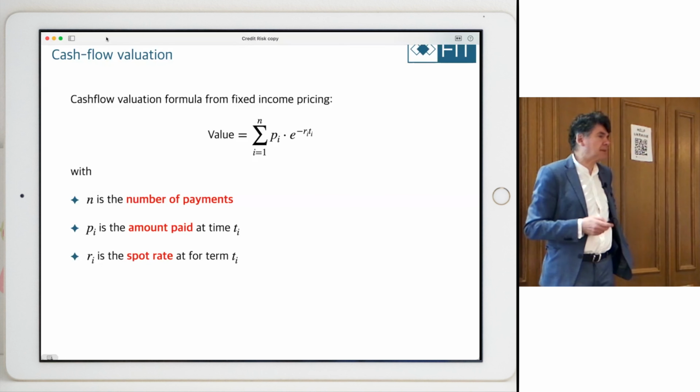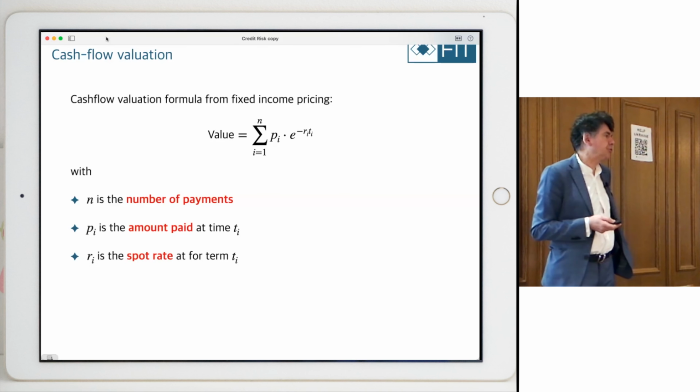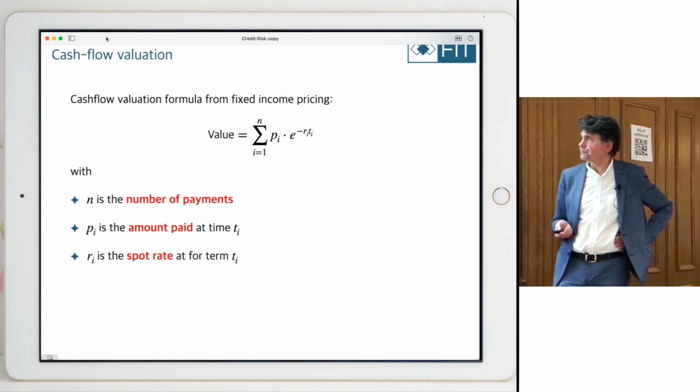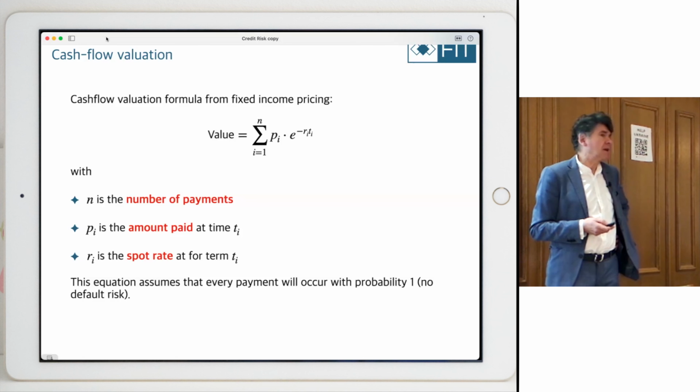We've seen that many times. I don't have to remind you that we're using instantaneously compounded rates, and I'm typically going to use annual interest rates for my calculation. That's what we saw.